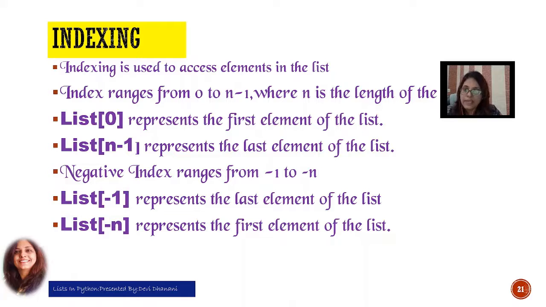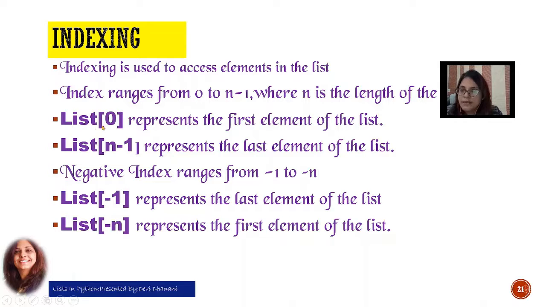In Python, any particular element of a list is represented internally through an index, and index ranges start from 0. That means the first element of the list will be given index value 0, and it will range from 0 to n minus 1, where n is the length of the list. So suppose we have 10 elements in a list, the index value of the last element will be 10 minus 1, that is 9, since it starts from 0.